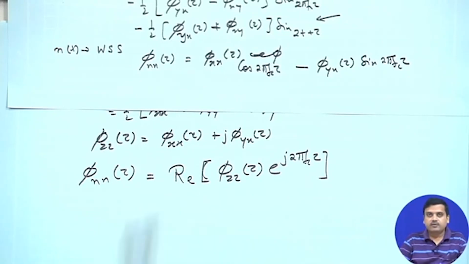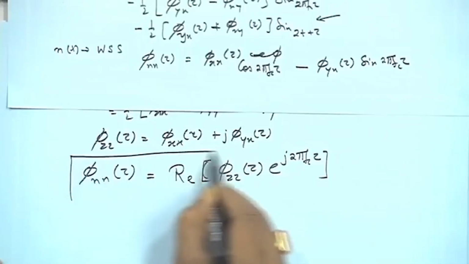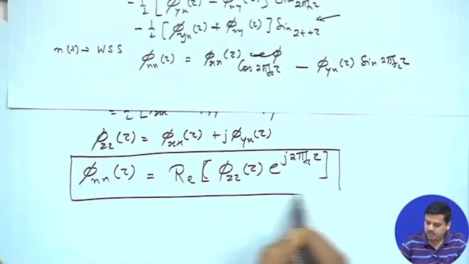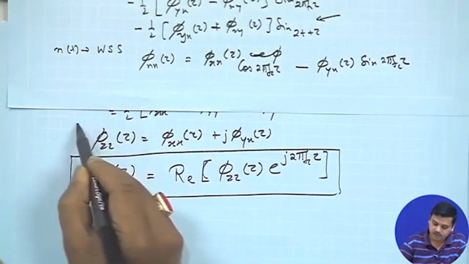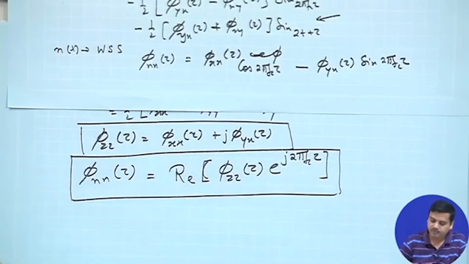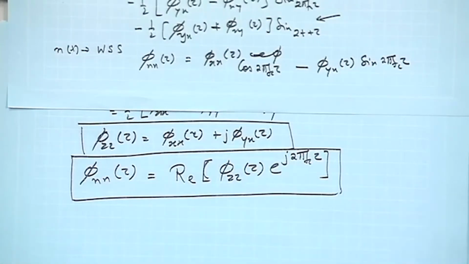This is a form very similar to the relationship we had when we discussed the baseband equivalent, the lowpass equivalent and the passband of a signal. So, in the case of a stochastic process, we have the correlation functions related in a similar manner to what we have for the signal, with its in-phase and quadrature components.